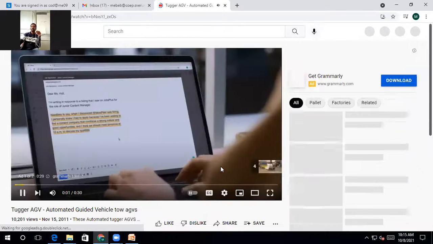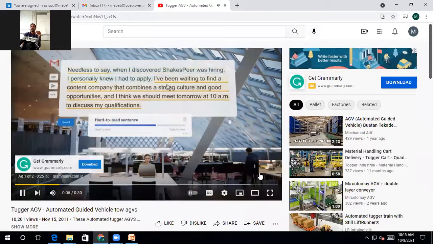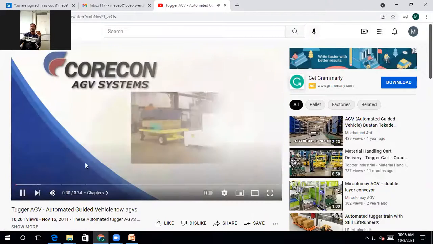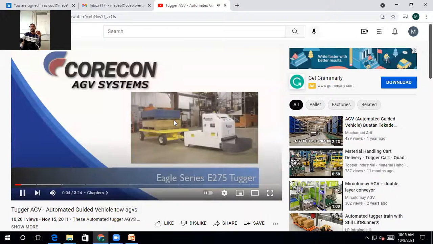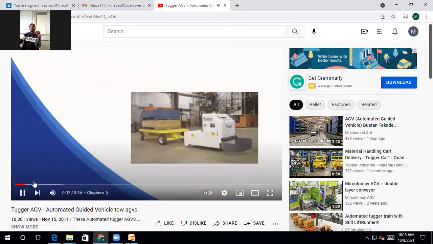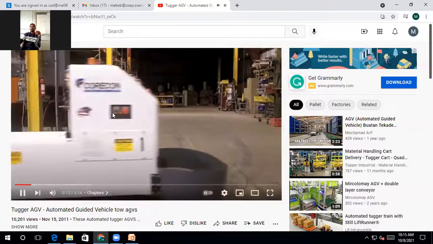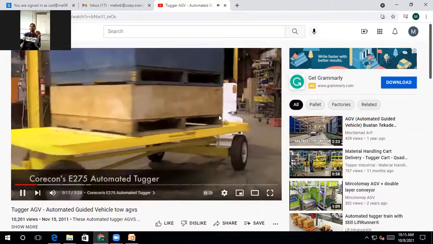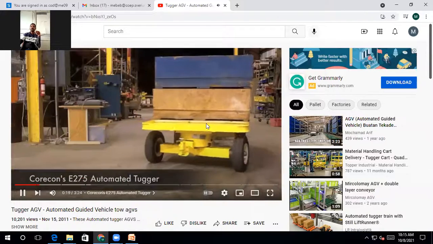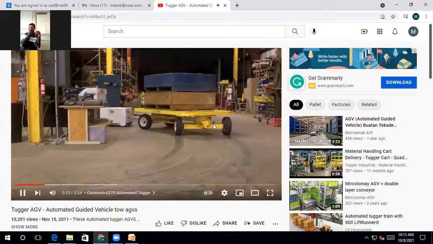Now we will see how actually towing works. Okay, this one is a small cart, our automatic guided vehicle. This vehicle is towing with this trolley.